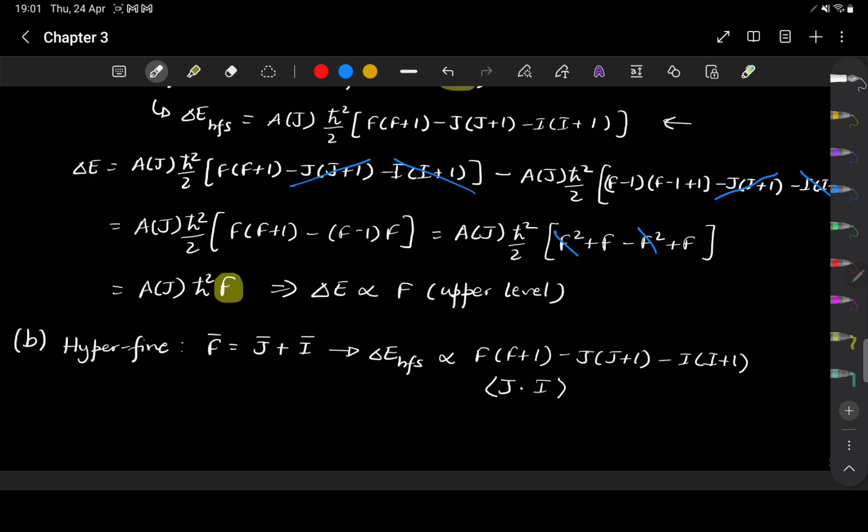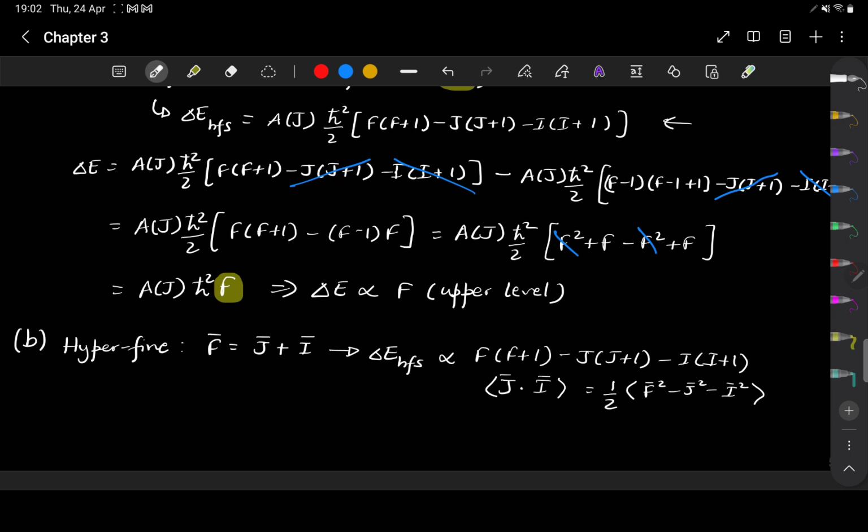And again, this is because you can write this J dot I as half of F squared minus J squared minus I squared.